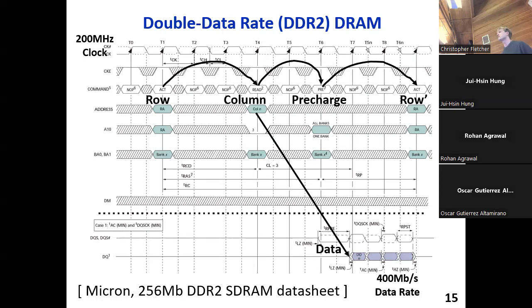Really, you can think of the bits that are used to determine the bank as just a part of the address, but the DRAM DIMM designers are nice enough to expose which bits are responsible for choosing banks versus which bits are responsible for choosing everything else about the address. Does anybody have an idea, so this is like the ISA of the DRAM. Why would they actually expose at the level of the ISA the bank bits as opposed to any other address bits? Any ideas?